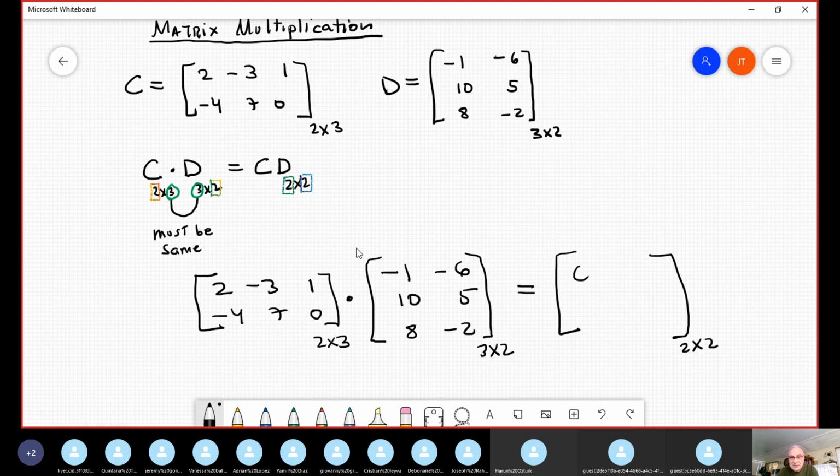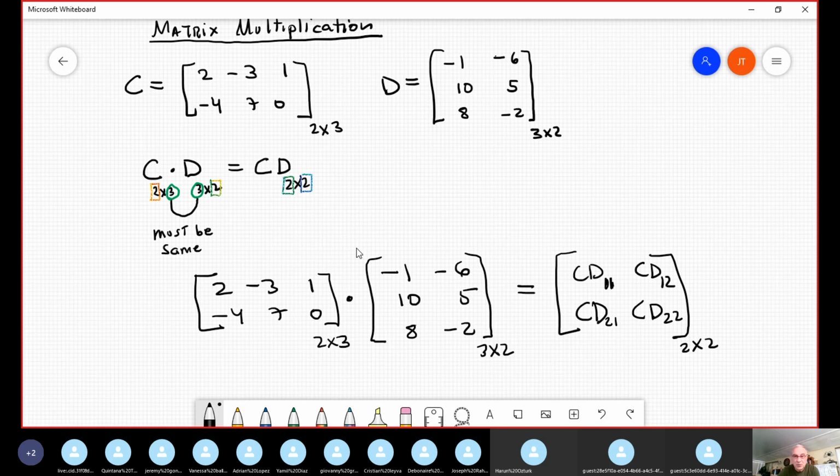Let me call the entries CD11, the element located in row 1, column 1; CD12, row 1, column 2; CD21, row 2, column 1; and CD22, row 2, column 2.